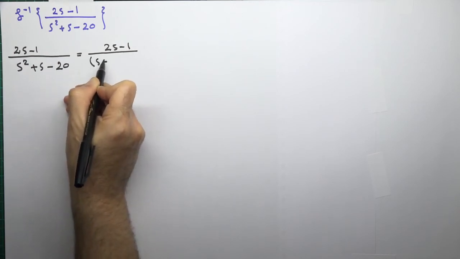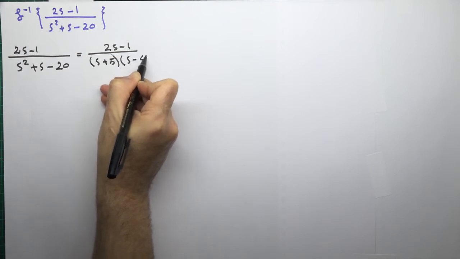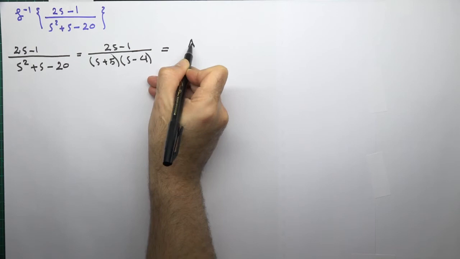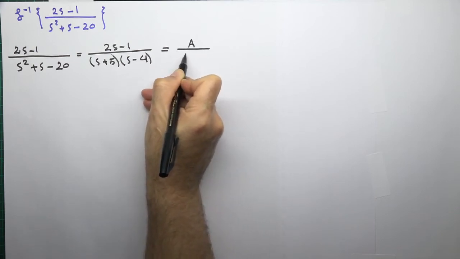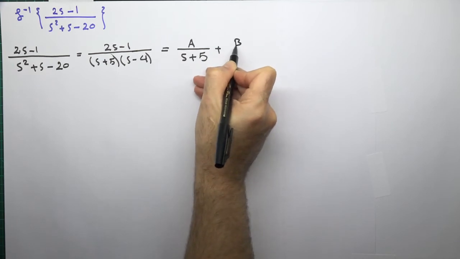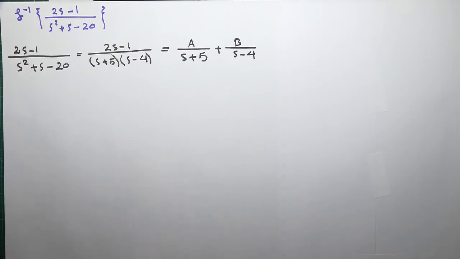Here we have s plus 5 and s minus 4, and we can write this to be A over s plus 5 plus B over s minus 4. وهذا ما كنا نسميه في calculus 2 partial fractions case 1.